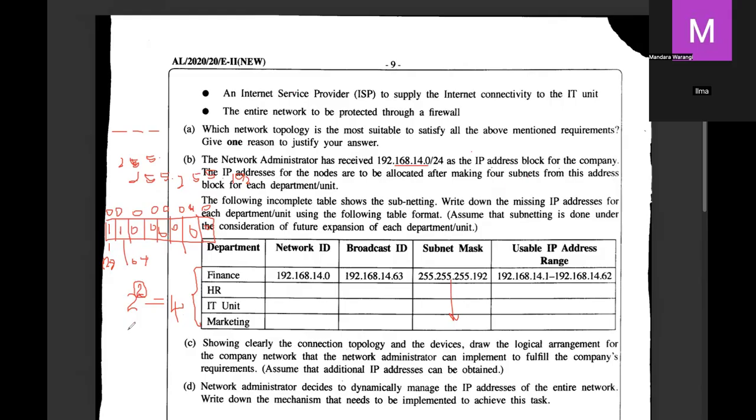Then we need to take the block size. There is an equation for the block size.